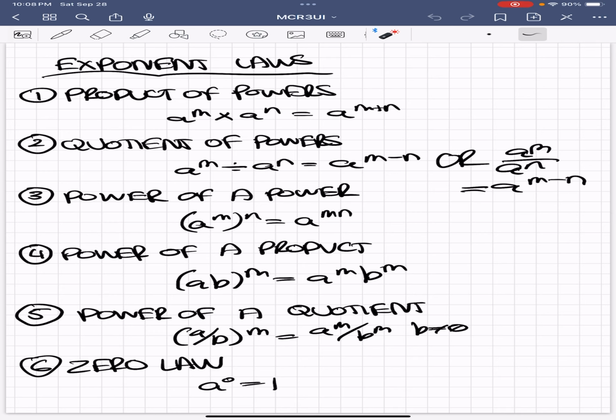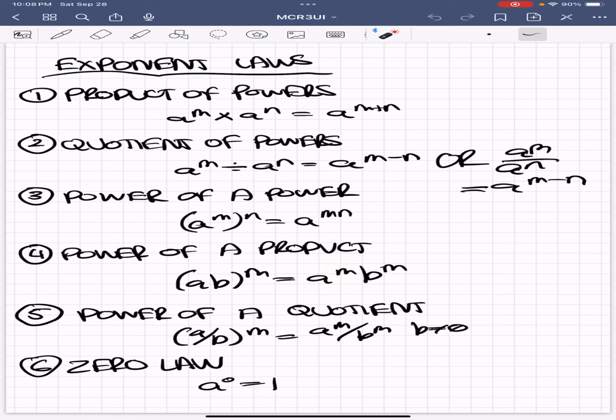Then we have power of a power, meaning that if it's in brackets and there's m and n, we then multiply those exponents together. And then we have power of a product, meaning that if there are two bases in brackets with an exponent, that exponent is applied to both bases.